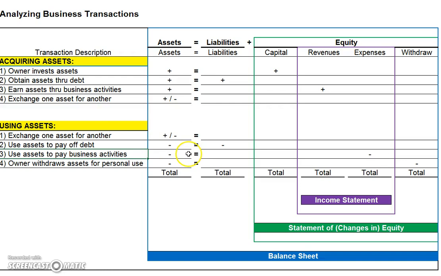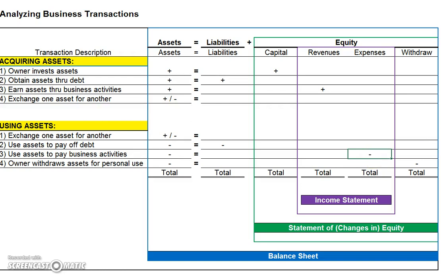The third way assets are used up in a business is to pay for business activities. In this case, your assets are going down, whatever asset it was, and you also need to make your equity go down. This is kind of confusing up here when I say equity because multiple things affect it. So in this case, we're going to minus in the expense column here. It's a little bit confusing because technically it's not a negative expense.